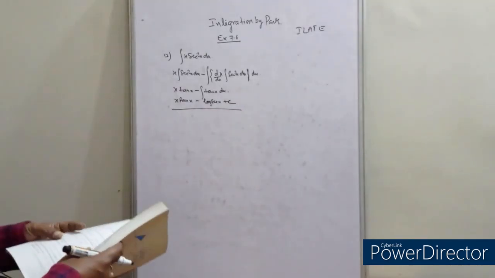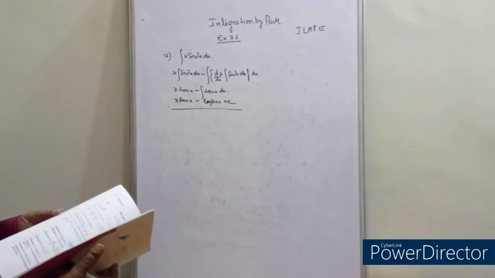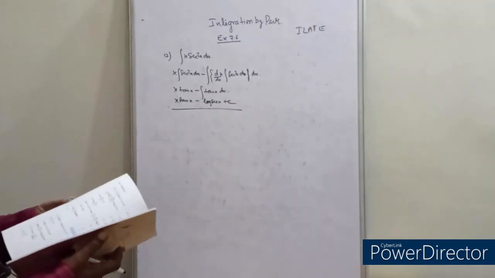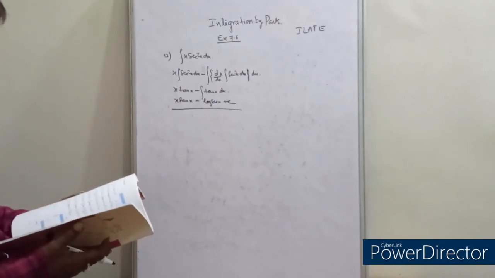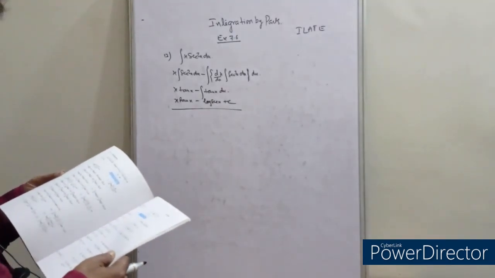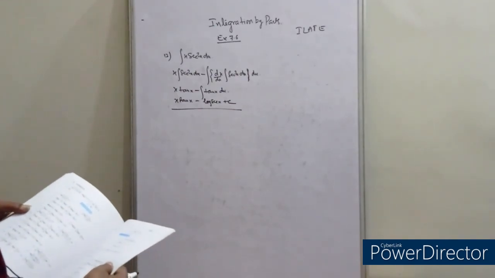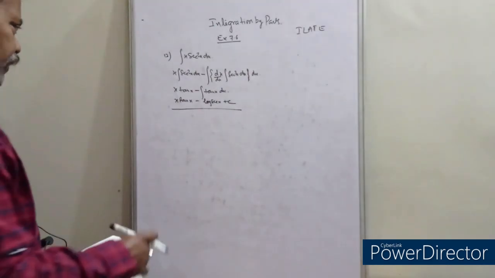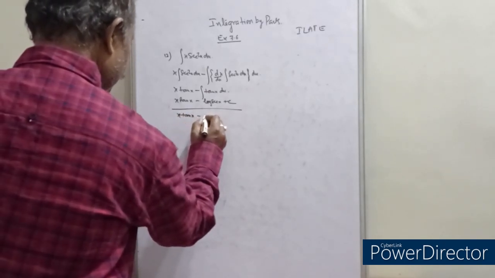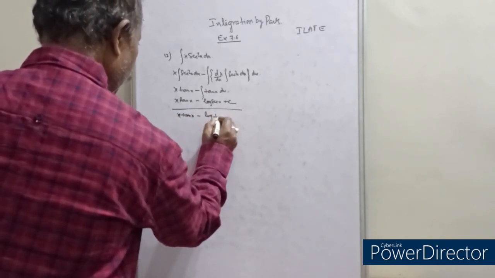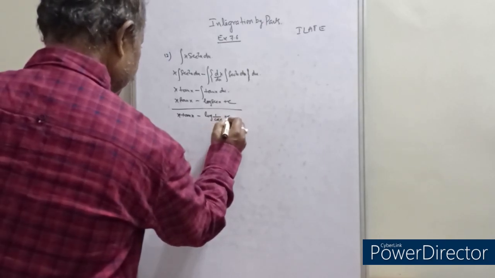So let me check the answer of question number 12. Here they have written cos x. This can be done. This is x tan x minus log sec, meaning 1 by cos x, plus c.